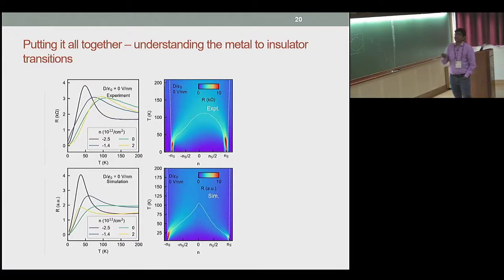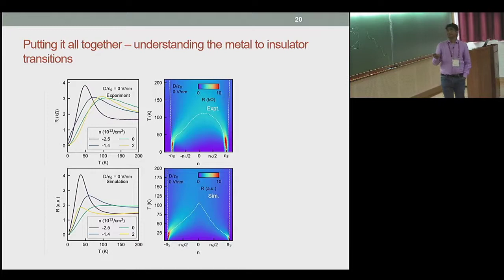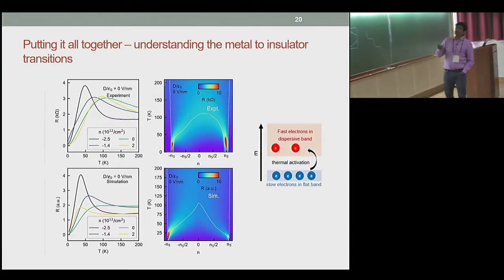We can put the extracted information together and see whether it makes sense in terms of the bandwidth and the gaps, and we see that it's in reasonable agreement. And the simple essence of this drop is the fact that above these flat bands, there are these dispersing bands, and they give rise to this drop in resistance, because as you go to higher and higher temperatures, electrons can be activated across the gap, the Moiré gap, and you see an increase in the conductivity of the system.